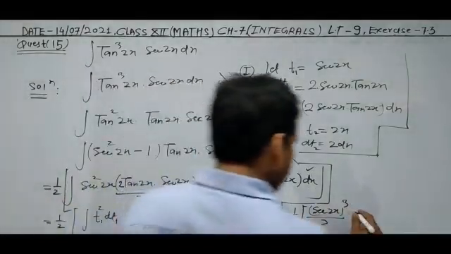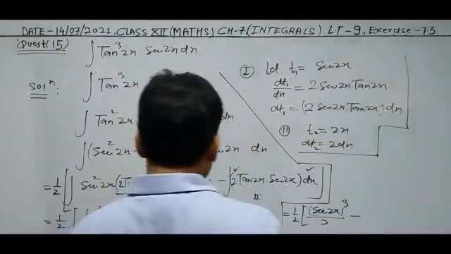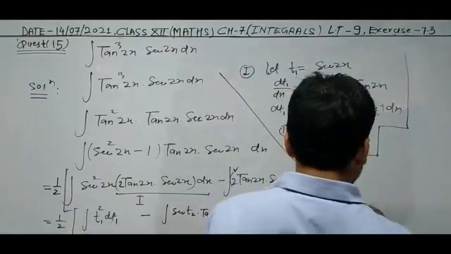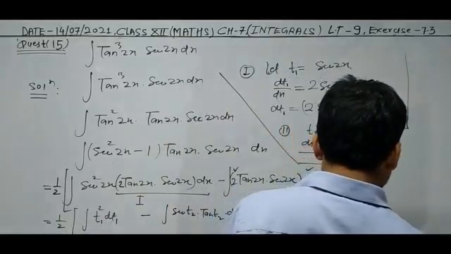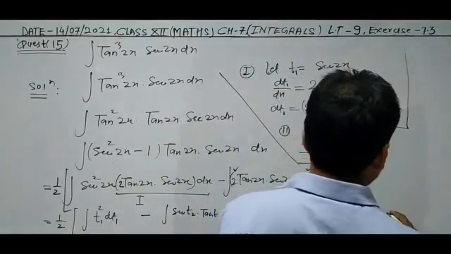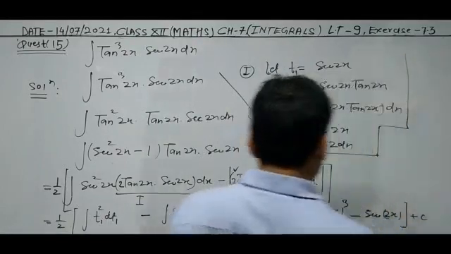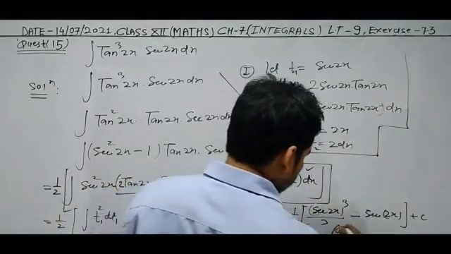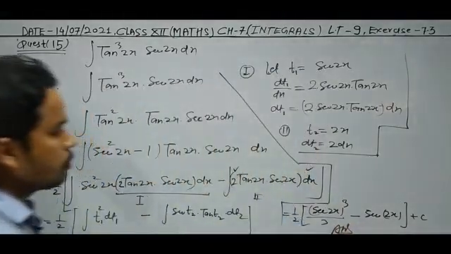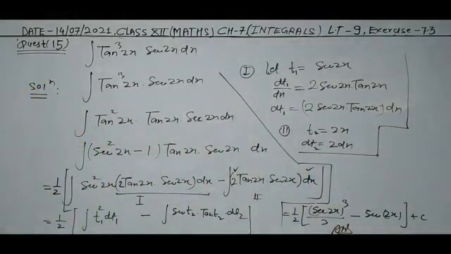Now with minus sign, sec t into tan t result is sec t, and sec t2 result is 2x. Now this will be the answer. Now question is completed. Now come to question number 16.